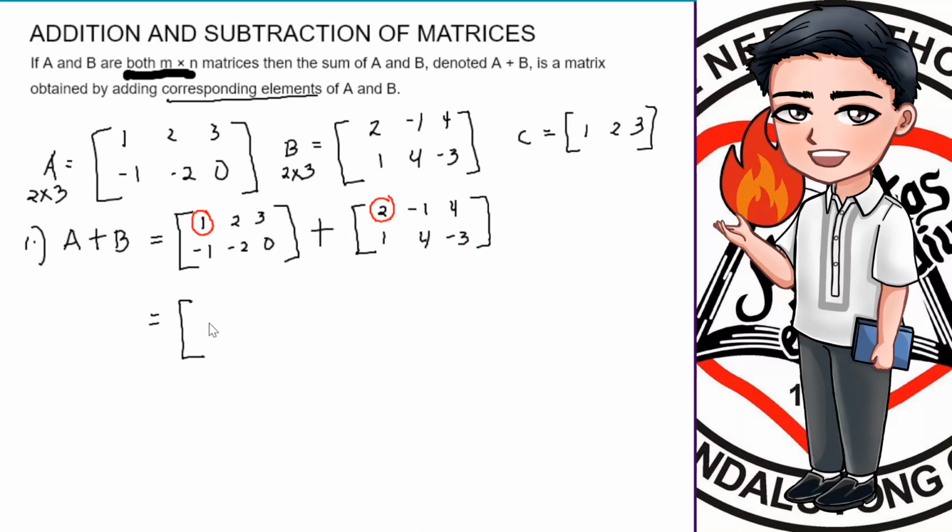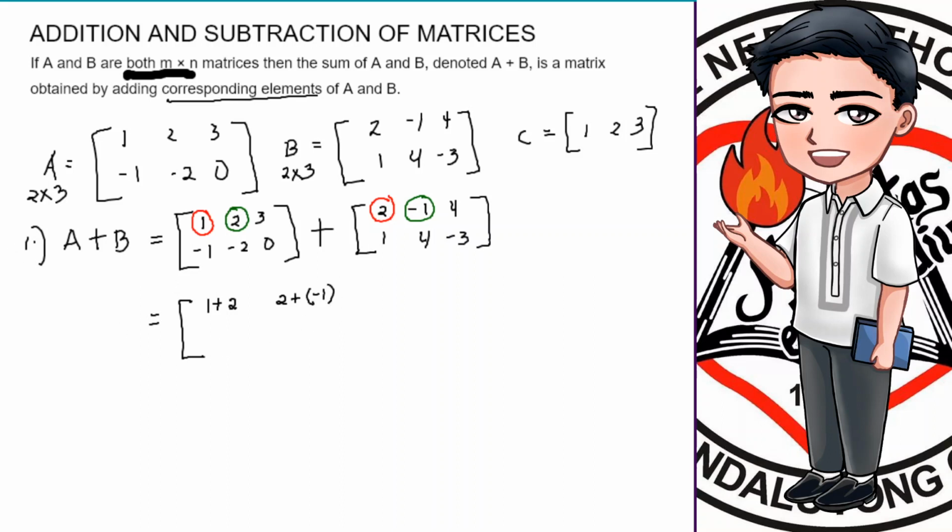So we can say 1 plus 2. How about the next one? 2 can be added to negative 1 because they are in the same position. So that will be 2 plus negative 1.